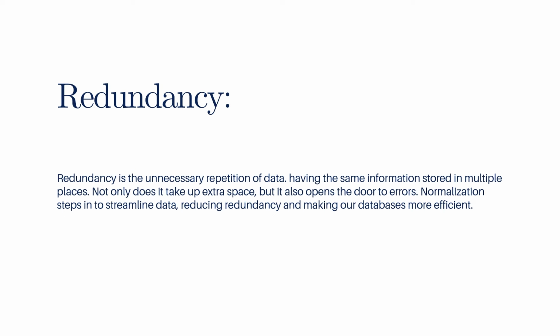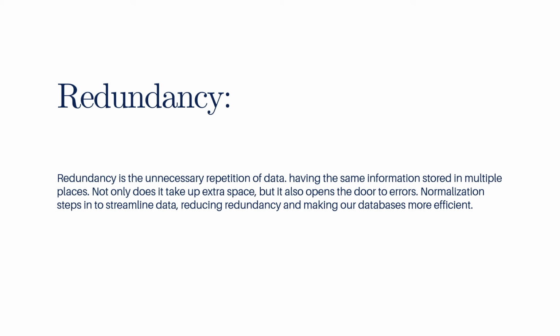The second is redundancy. Redundancy is unnecessary repetition of data. Let's suppose you have data which is present in multiple tables, or in the same table multiple times. In that case, not only is it taking extra space on your server, it is also leading the way to an error.